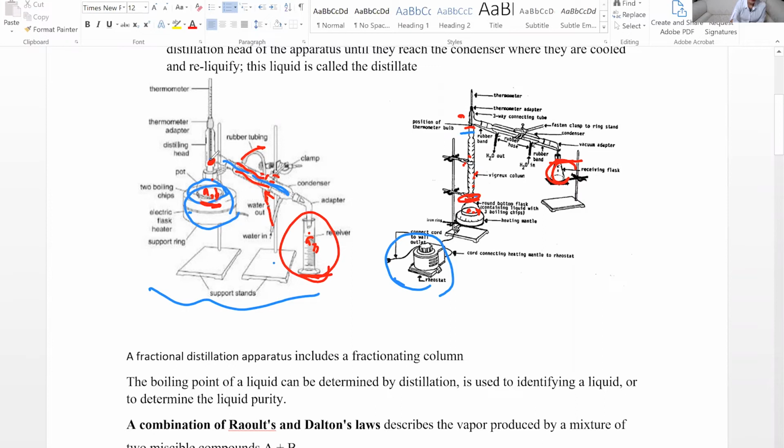So basically the vapor is passing through here and going to the condenser. This liquid here is at the equilibrium between the vapor and the liquid, and that's what the thermometer is measuring. You just have to make sure that you look for the constant temperature to record the boiling point.